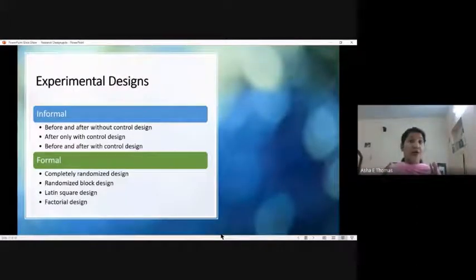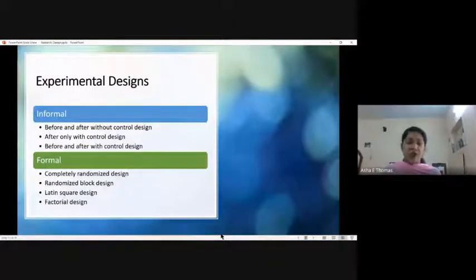If you look into the literature, the available theory, you can find n number of designs, but the basic evolution and structure of that design would have been from one of these categories. That's why we say that formal designs can broadly be categorized into 4. One is completely randomized design. The second is randomized block design, then Latin square design, and factorial design.